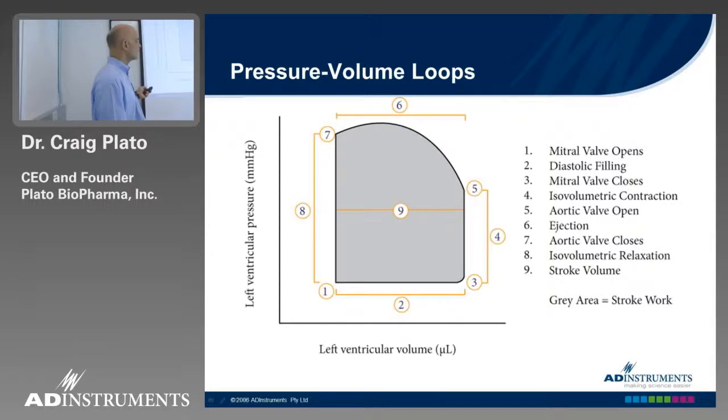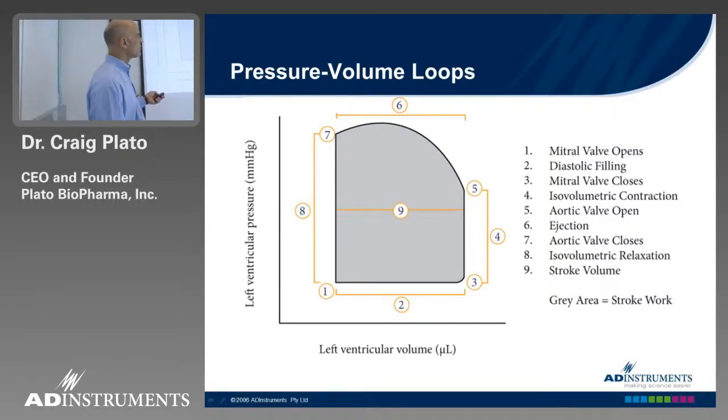After the mitral valve opens, we have diastolic filling, shown by number 2. Okay, and what you'll also notice is that although volume is changing, notice no change in Y, right? So this means that as the heart is filling with blood, there's not a real change in pressure under normal conditions. Certainly that changes in the setting of disease, and we can point that out a little bit later.